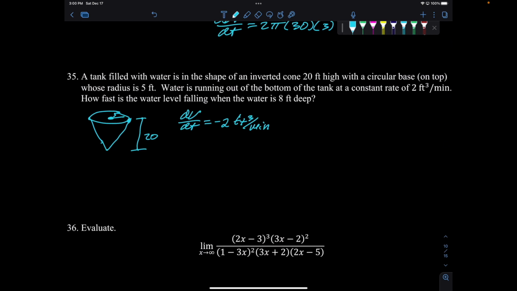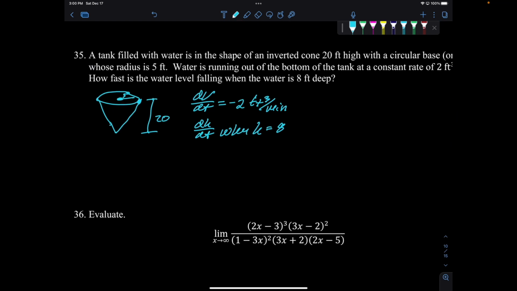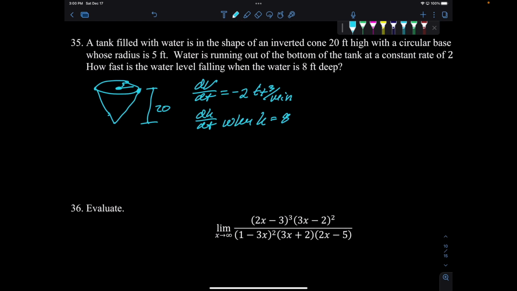Okay, now the question is, how fast is the water level falling when the water is 8 feet deep? So we're looking for dH/dt, I guess. I'm going to name the variable h. dH/dt when h is 8. All right, so I'm going to take this picture that I have and just draw half of a cross section.